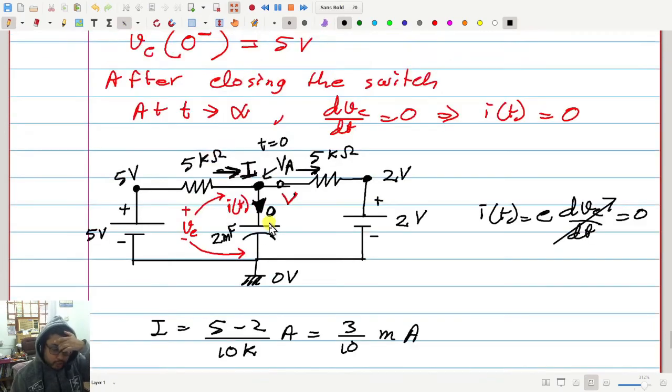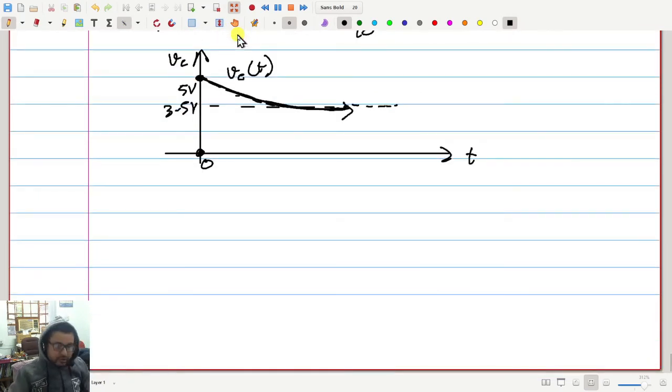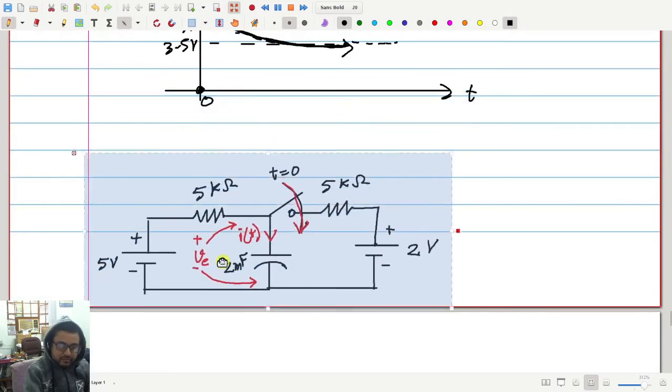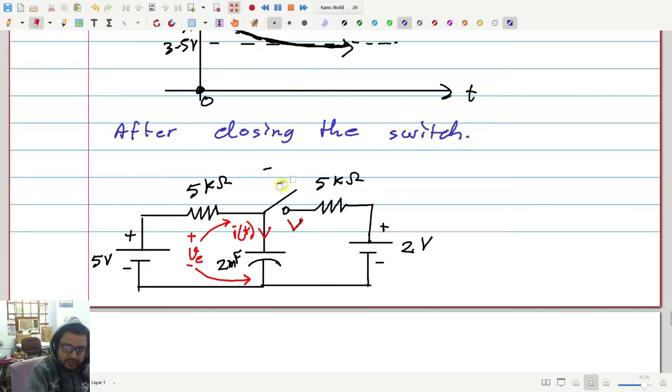Because we will use an equivalent circuit. So let me again copy this circuit. After closing the switch, let me just draw it like this. So this is how the circuit looks after the switch is closed.